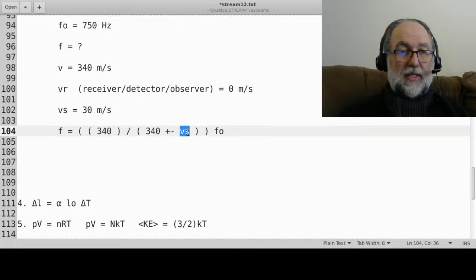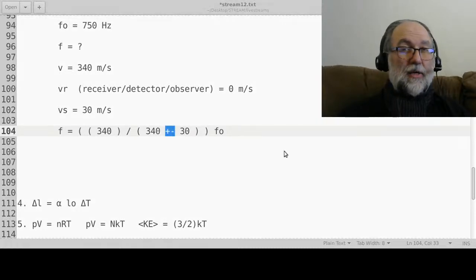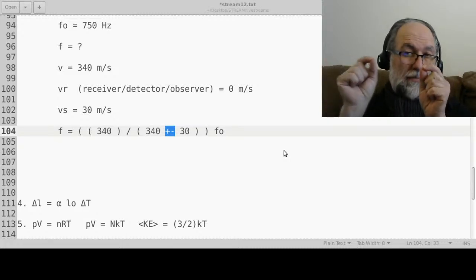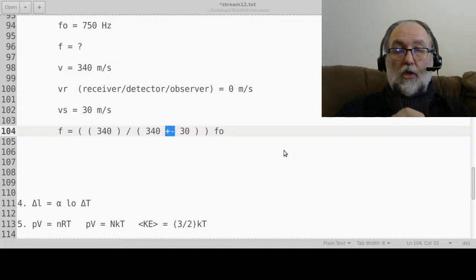Over here we have v_s, that's the source, that's 30, and now you have to ask yourself, do I want to add or do I want to subtract? The way I do it in my mind is I say, if the source is approaching the receiver, the frequency is going to go up. Imagine a car approaching you. Everyone's heard this Doppler effect.